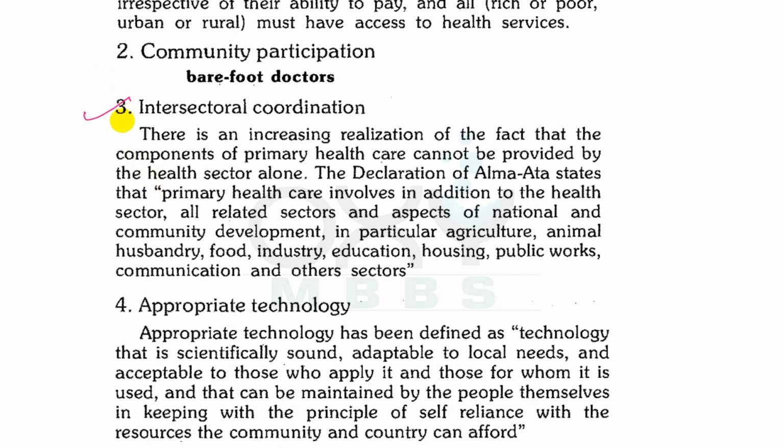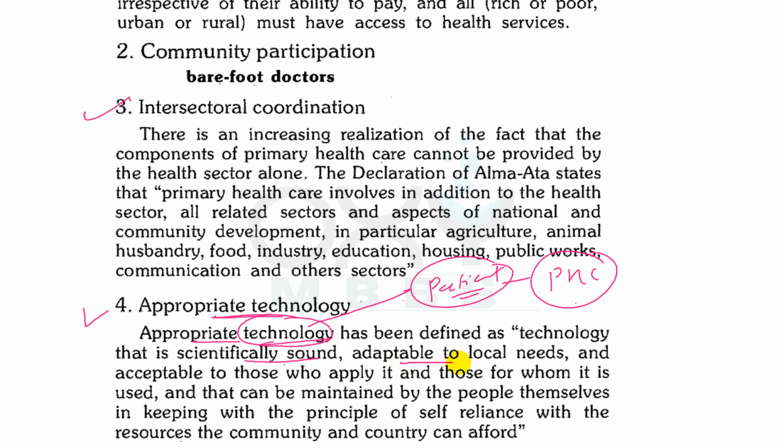After intersectoral coordination, the last one is appropriate technology. What is the meaning of appropriate technology? Appropriate technology means whatever technology is used on the patient in the primary health center must be scientifically sound, adaptable to local needs, and acceptable to the individuals on whom it is used.